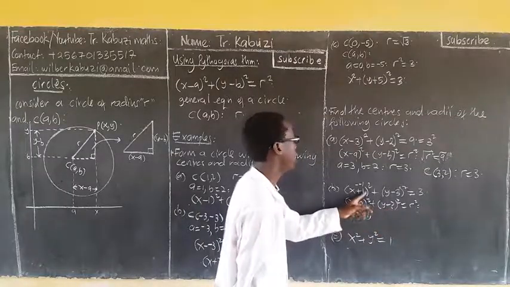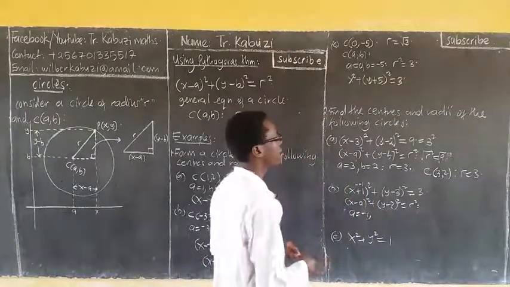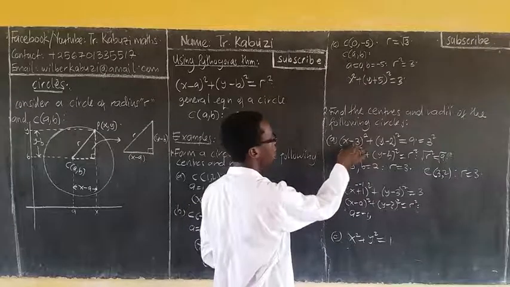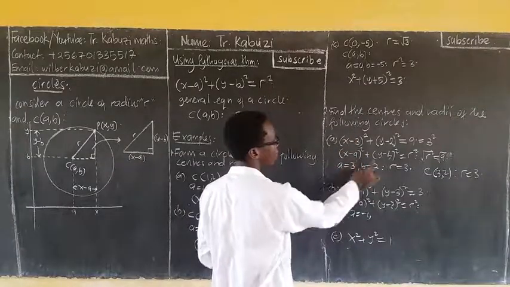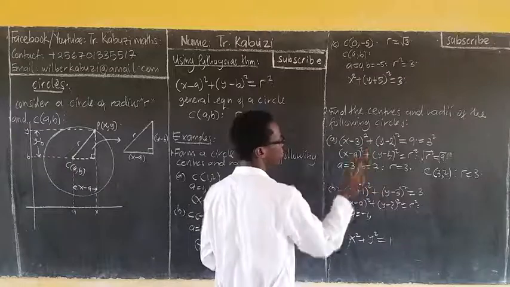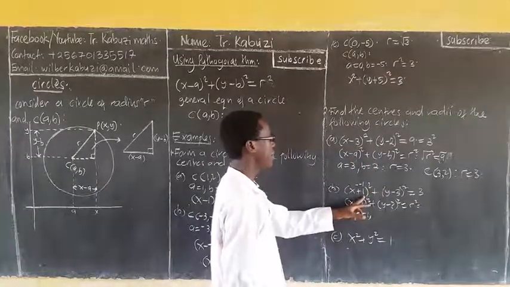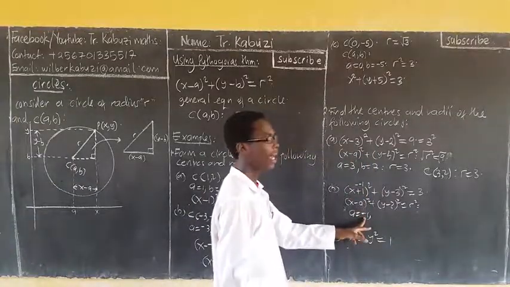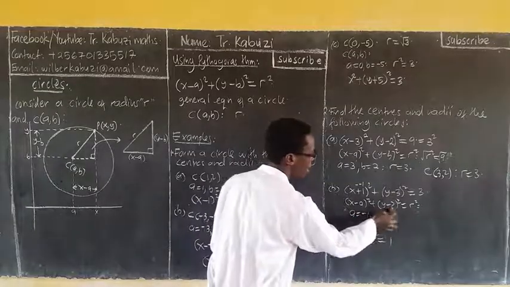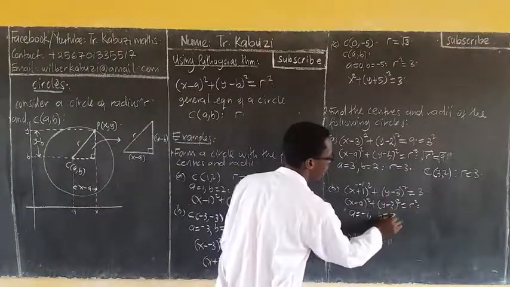Or else we just multiply the figure here with negative 1. That's what we've been doing. If this is negative 3, you get the value of a by multiplying with negative 1. If it's negative 2 multiplied with negative 1, you get 2. So if this is positive 1 multiplied with negative 1, we have a as negative 1. Multiply this with negative 1, your b becomes 3.